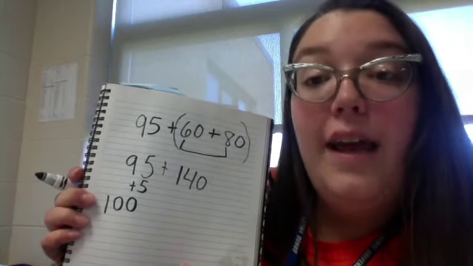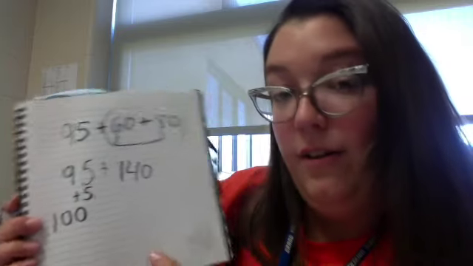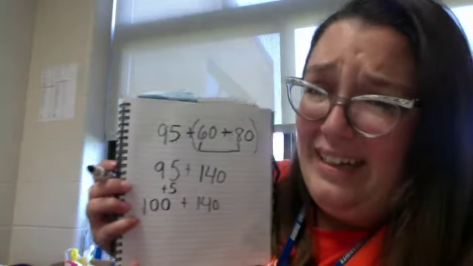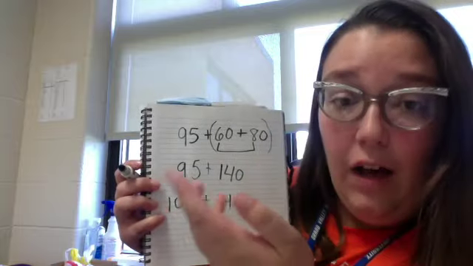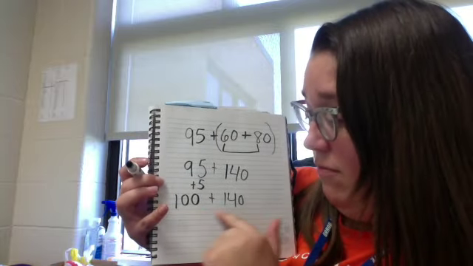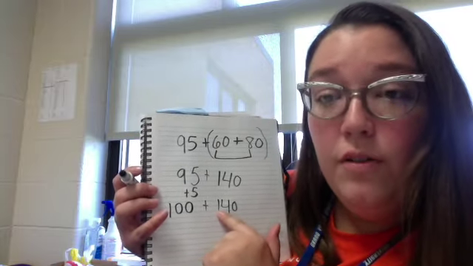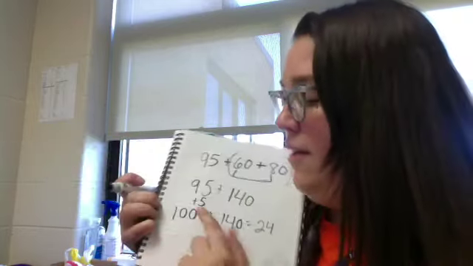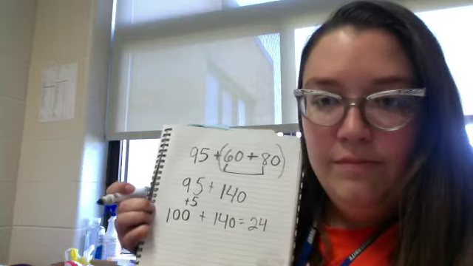I'm just going to add it to it right now to make this easier. So we have 100 plus 140. Oh, that's way easier to add now, right? A lot easier than 95 and 140. So let's look at our hundreds. Okay? 100 plus 100 is 200. 0 plus 40 would give us 40. And then 0 plus 0 is 0.